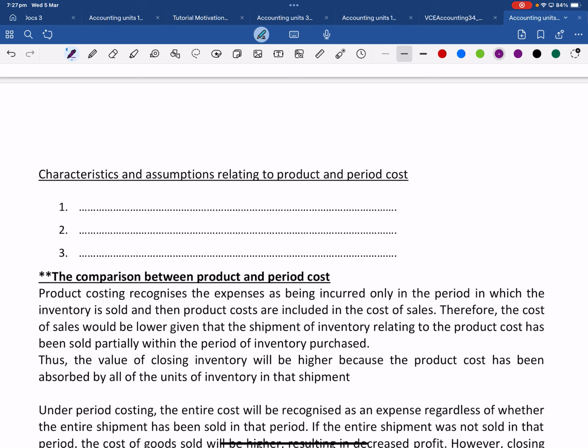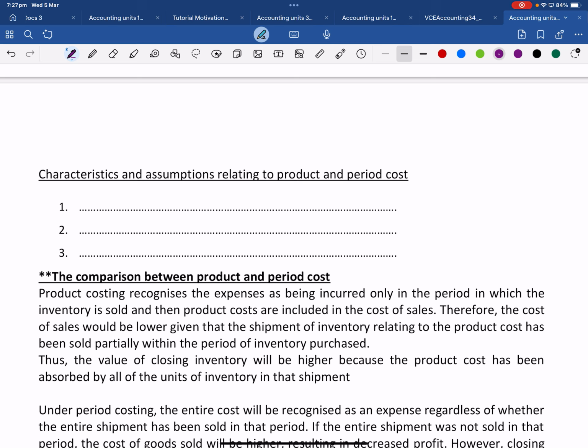I don't think it can be accrual, period or entity, because entity is to do with the owner. Accrual is to do with the revenues and period is to do with a time frame. Accrual is only for revenues? Revenues and expenses. So then it's accrual basis.